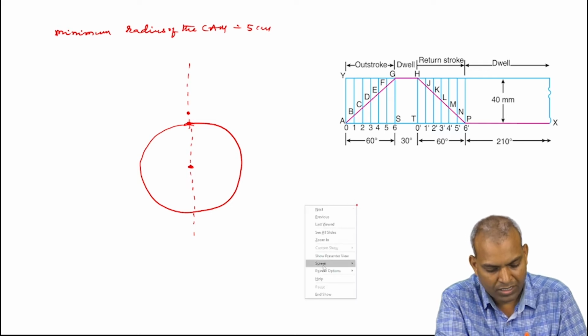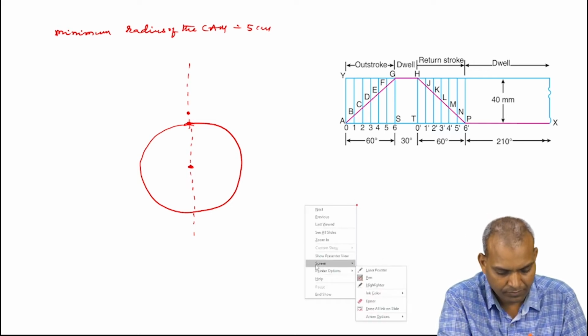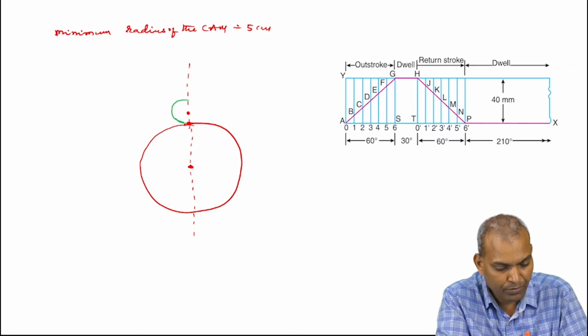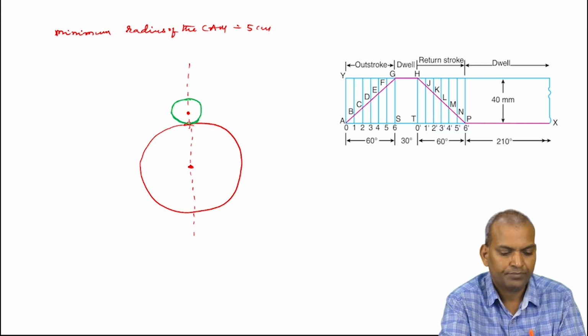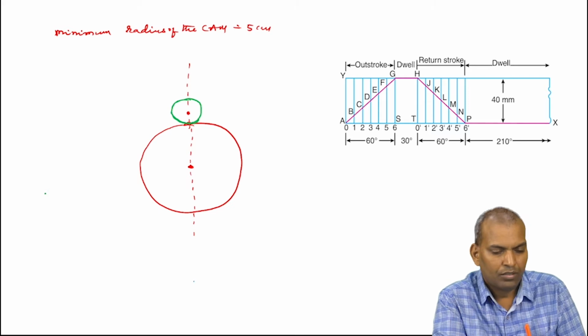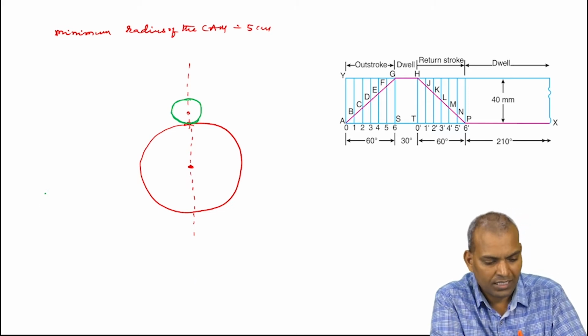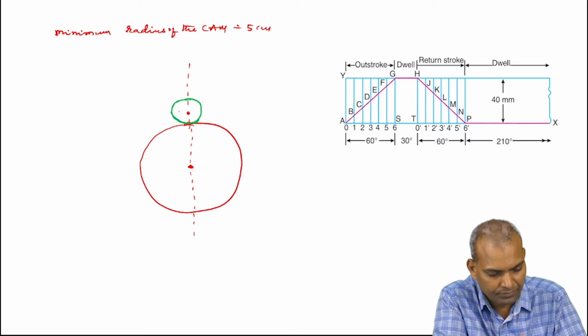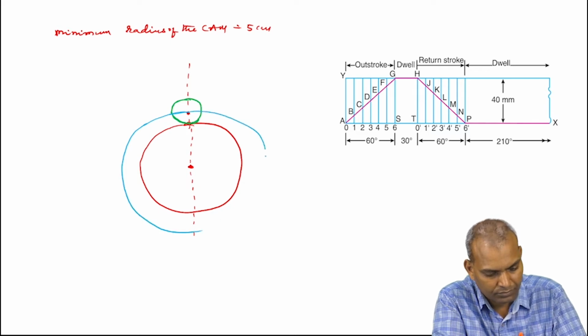The roller radius is 5 millimeters. This is the contacting point. After drawing the roller, with that roller center, draw a circle. That circle is known as the prime circle. I am drawing approximately.